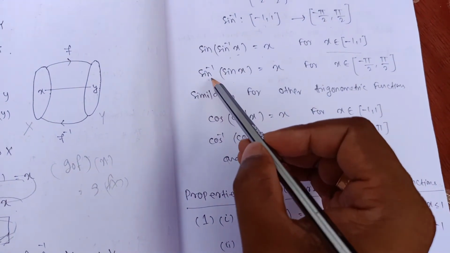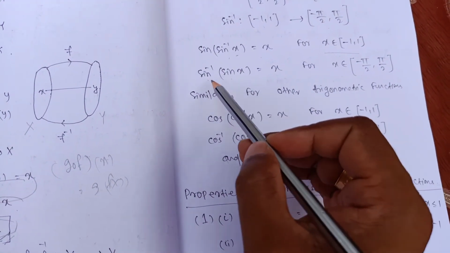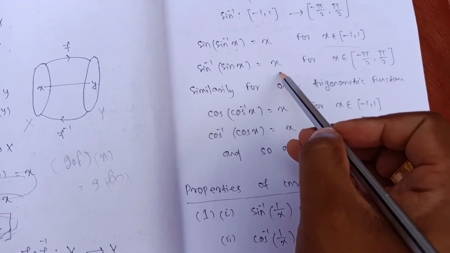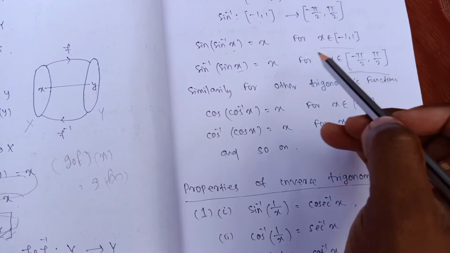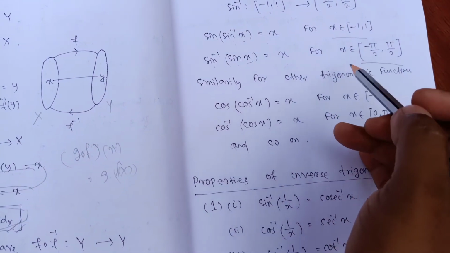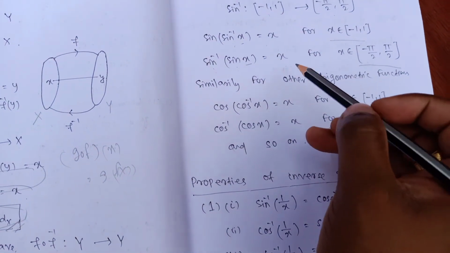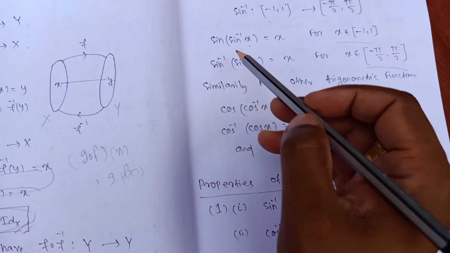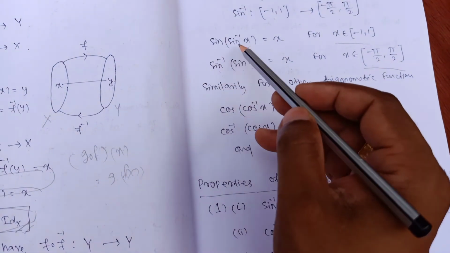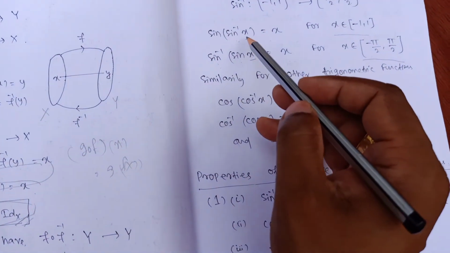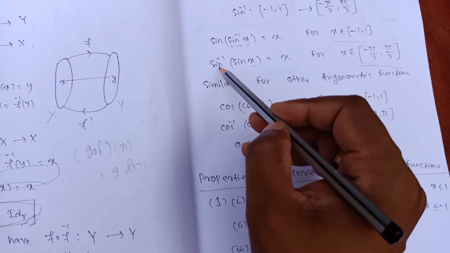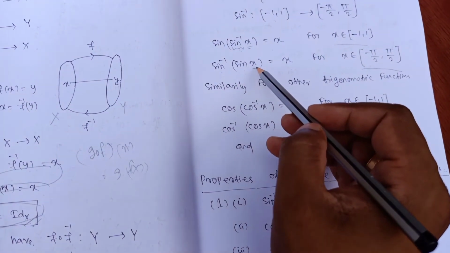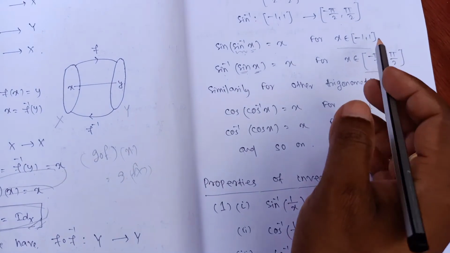Similarly, sine inverse of sine x is equal to x only when that x belongs to the domain of sine, that is the closed interval minus pi by 2 to pi by 2. This is the most important: sine inverse will be cancelled out only when x belongs to the domain of sine inverse, and sine inverse sine will be cancelled out only when x belongs to the domain of sine.